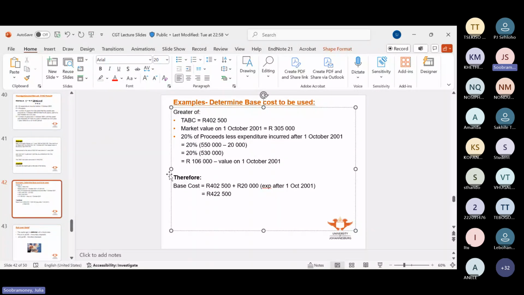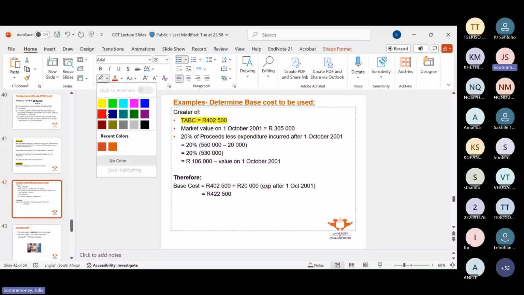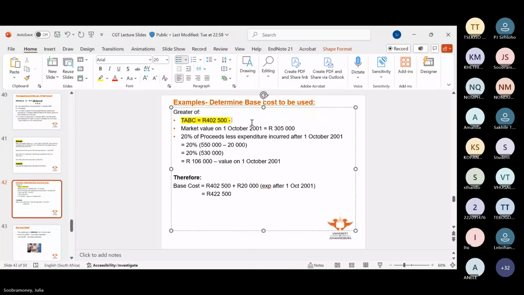So we say, therefore, my base cost is going to equal to what? TABC plus expenditure after 1 October. So basically, this is my answer. This one here is going to be my value on 1 October 2001.